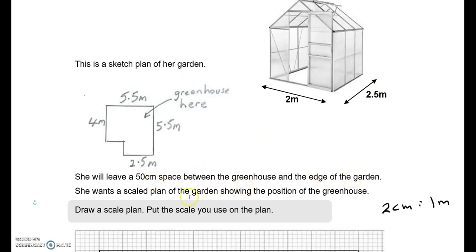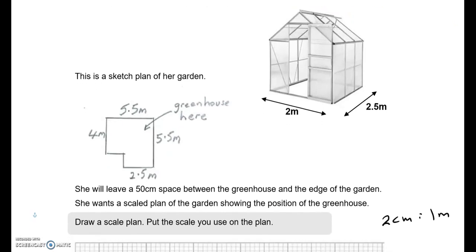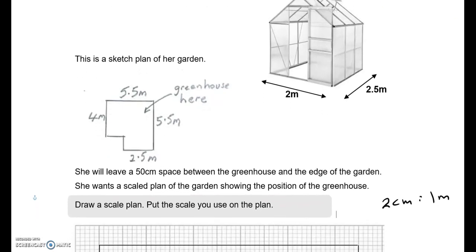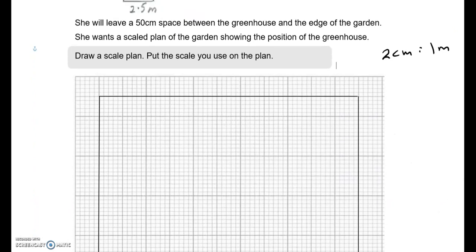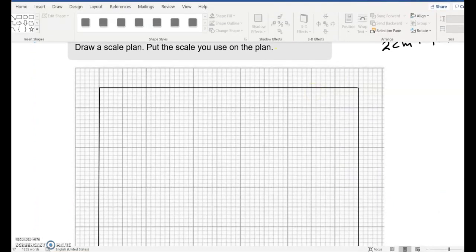So 50 centimeters in terms of the squares, it's going to be 1 square. So we've got to do this on the right hand corner of the garden. So let's just start then, leaving a 1 square gap both sides.